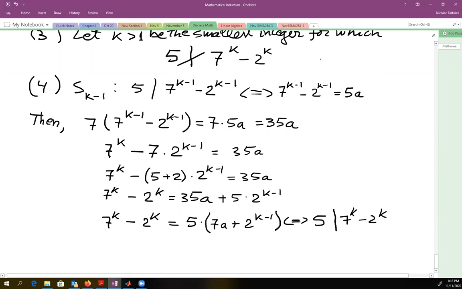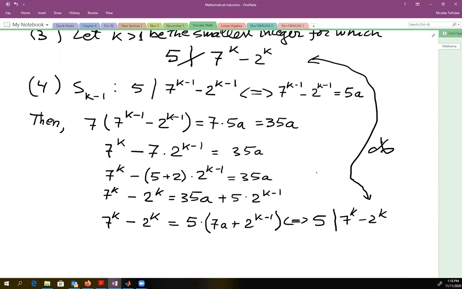I mean, look here. These two provide the obvious contradiction. On one hand, 5 doesn't divide 7 to the k minus 2 to the k. On the other hand, it divides 7 to the k minus 2 to the k.